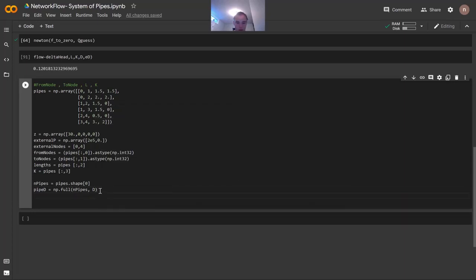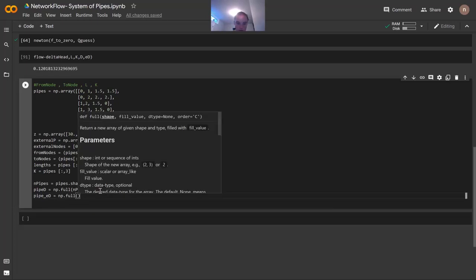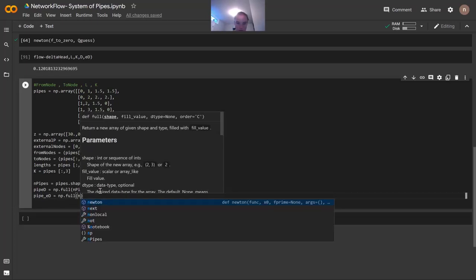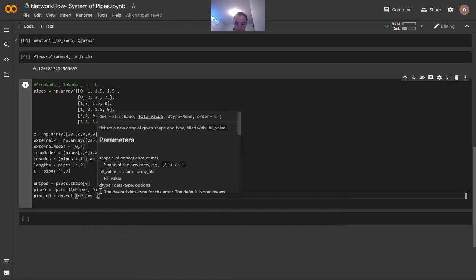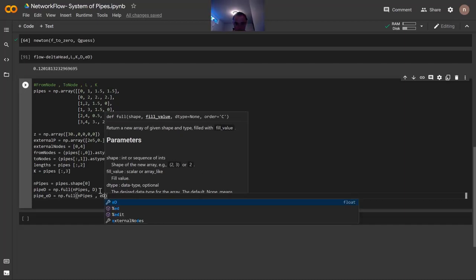We'll do the same thing for the relative roughness. So we'll have pipe relative roughness, ED, and we'll do np.full again. What is our shape? The number of pipes we have, 6, and the value we're going to fill it with will be our relative roughness.